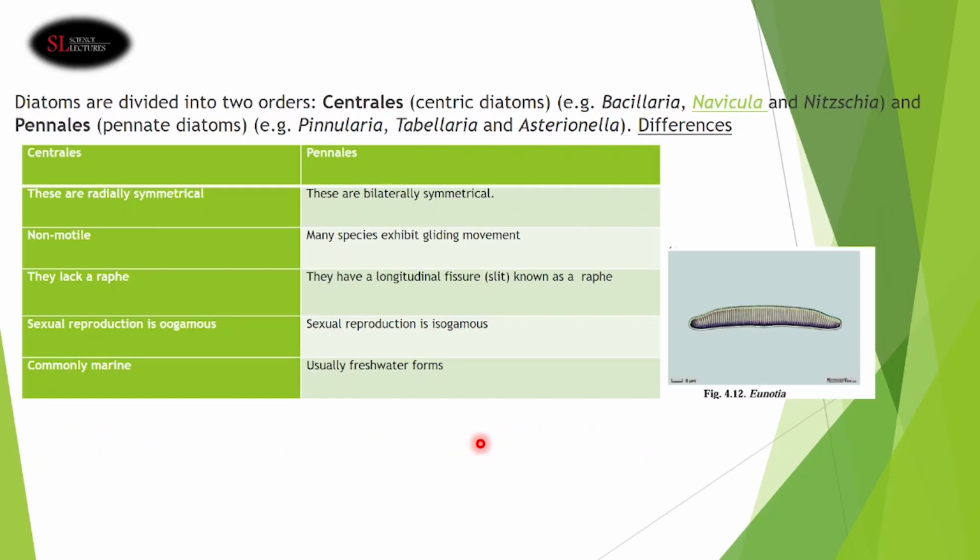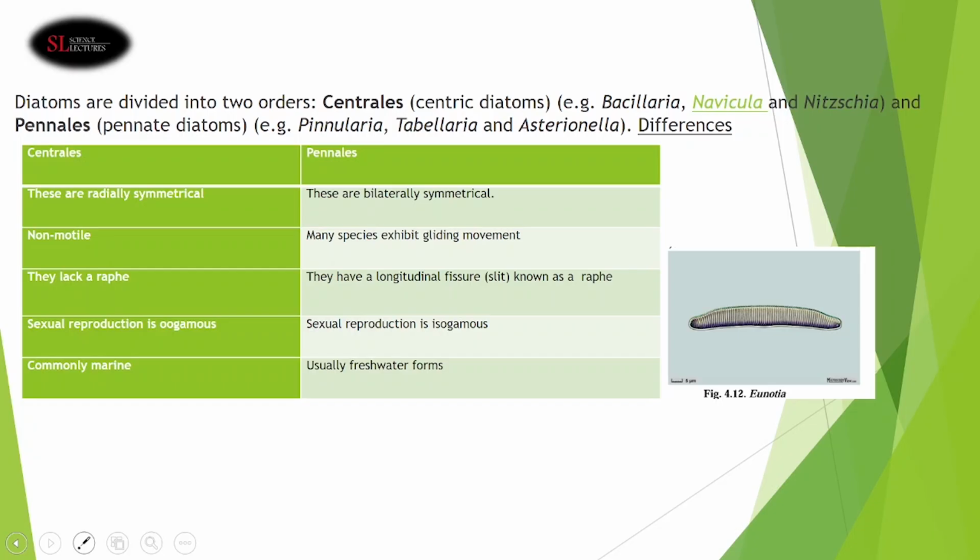Then the diatoms are divided into two orders: centriales, or what they call the central diatoms, and the pennales, or what they call pinnate diatoms. And there are some differences. For example, the centriales have radial symmetry, the other ones have bilateral symmetry. The centriales are non-motile, while the pennales have that gliding motion.